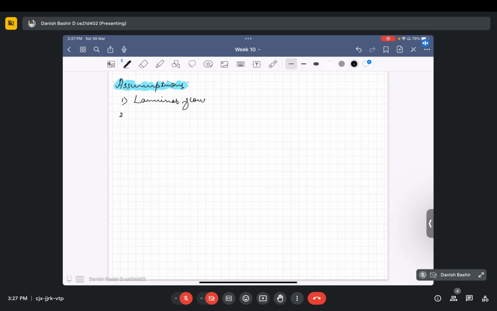Second, the gradient of the pressure, that is dou p by dou x, is constant, and there is no variation in y and z directions.